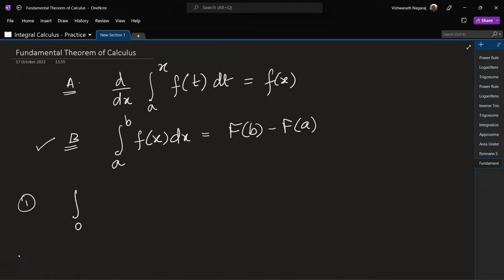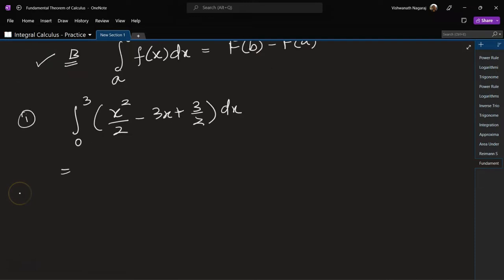Integral 0 to 3 of x square by 2 minus 3x plus 3 by 2 dx. First, we integrate the function, this part, and then we will take care of the limits 0 and 3.